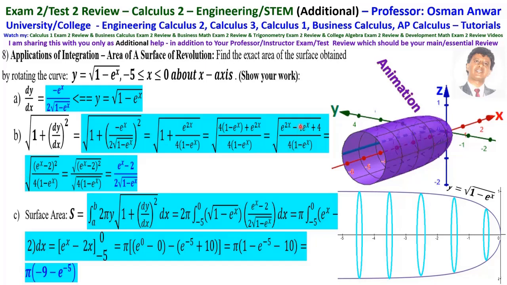This can be factored into (e^x minus 2) times (e^x minus 2), which is (e^x minus 2)^2 over 4 times (1 minus e^x).